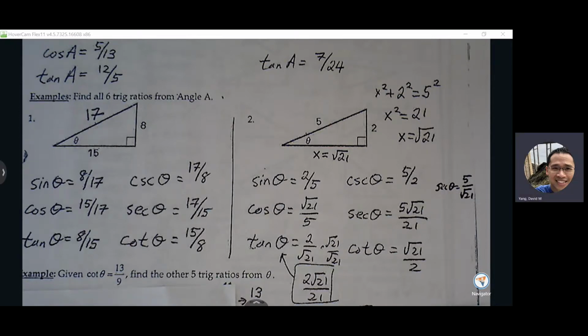Root 21 times root 21 is just 21. We don't cancel these out in the numerator because they aren't in the same places. Tangent is the same thing: 2 over root 21. To clean up the root 21 in the denominator, I multiply the numerator and denominator by root 21, and tangent gives me 2 root 21 over 21.